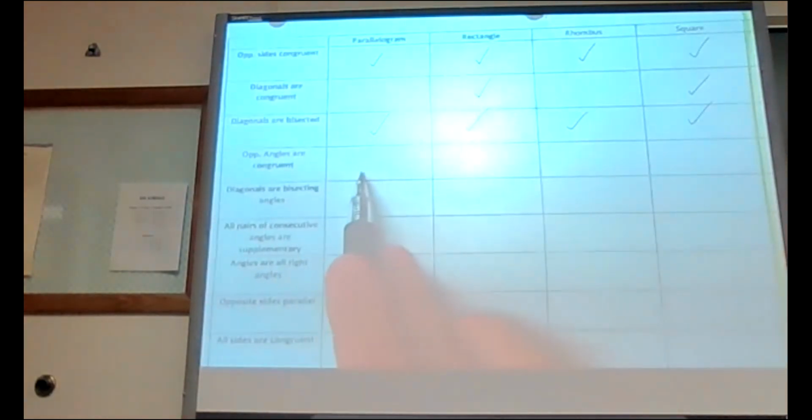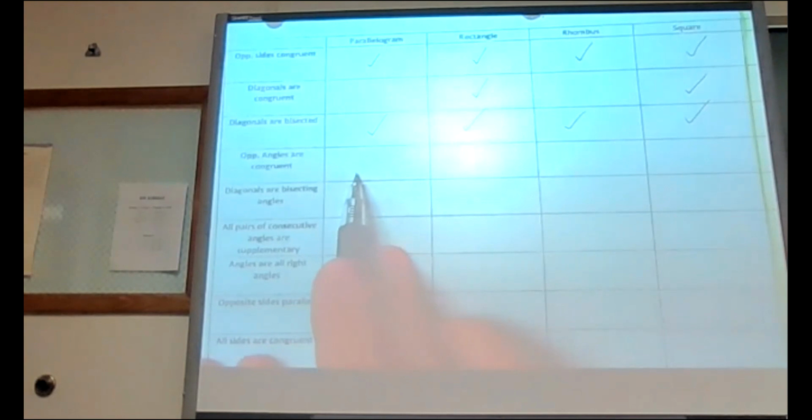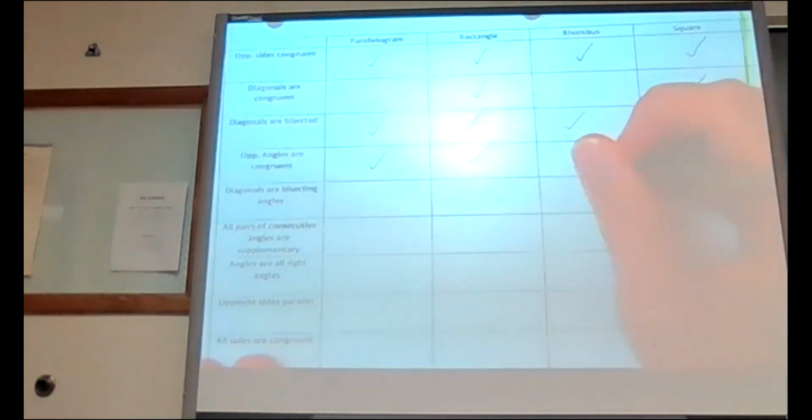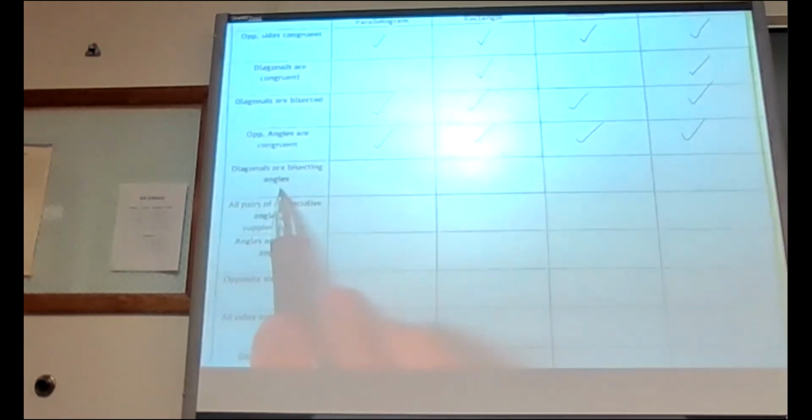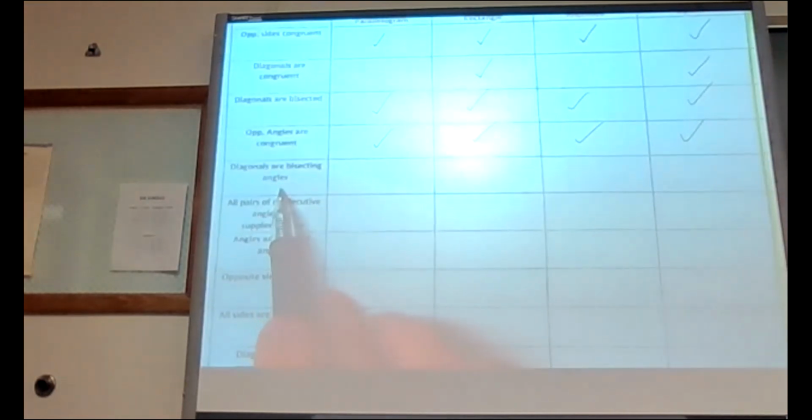The opposite angles are congruent. Is that true for a parallelogram? So it must be true for all of them. The diagonals are bisecting the angles. What's that true for? Only if it is a rhombus, also a square.